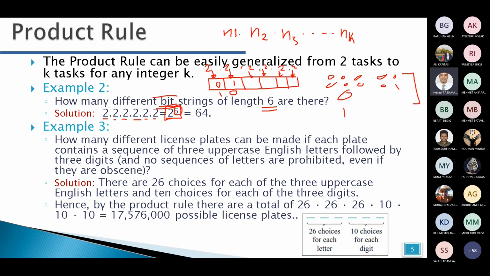Another example. We know that license plates for cars have 2 parts. First part has letters. Second part has numbers.